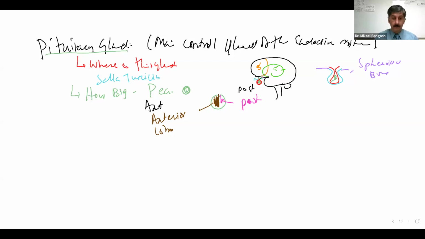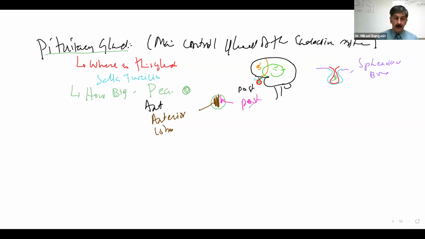So it's a little structure at the base of your frontal lobe, fitted into this hole in the sphenoid bone of your skull, called the sella turcica, where the pituitary gland is.